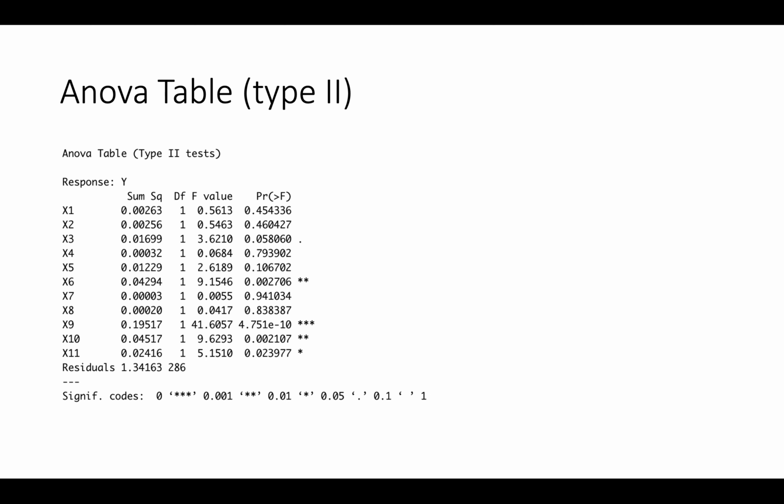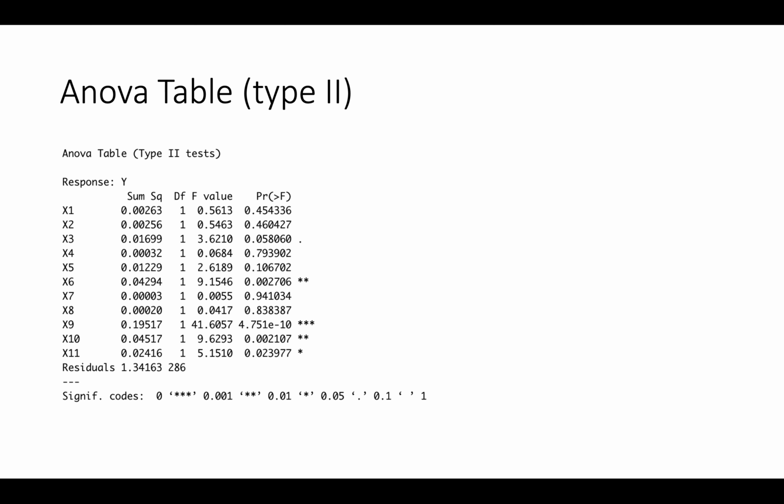Therefore, I ran the model after removing the influential points, and this is the ANOVA table using the type II error to show whether all the variables are needed in the model. When I ran the ANOVA test, you can see that if the other variables are given, x1 can actually be dropped from this dataset.